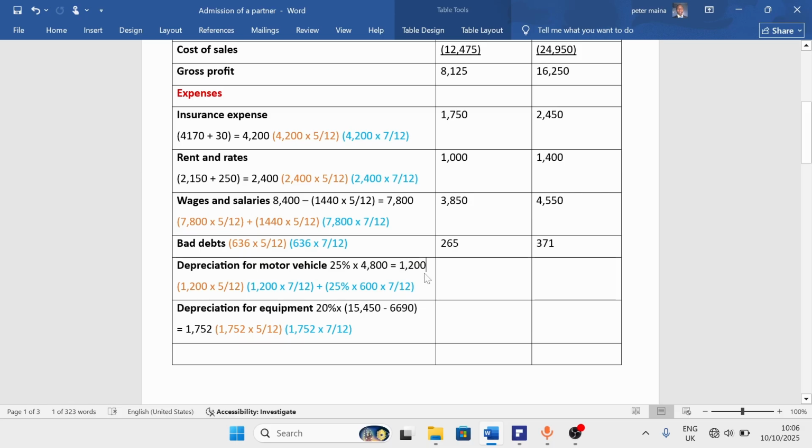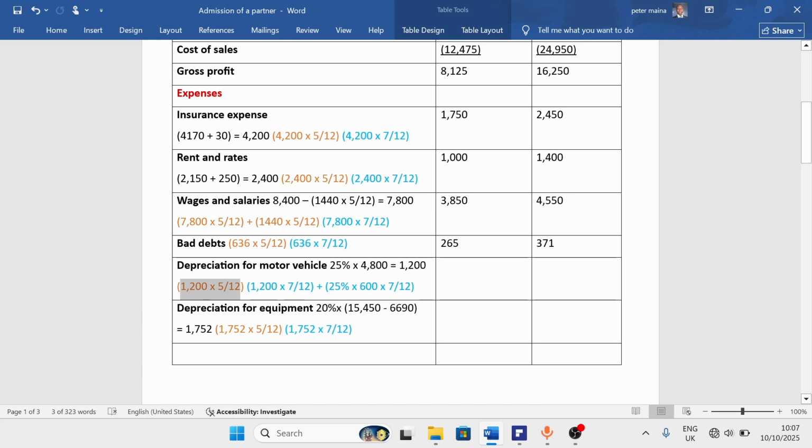So this 1200 will be apportioned according to time. So 1200, first we take 5/12 for the first period before admission. So 1200, you multiply by 5, you divide by 12, that will give you 500.